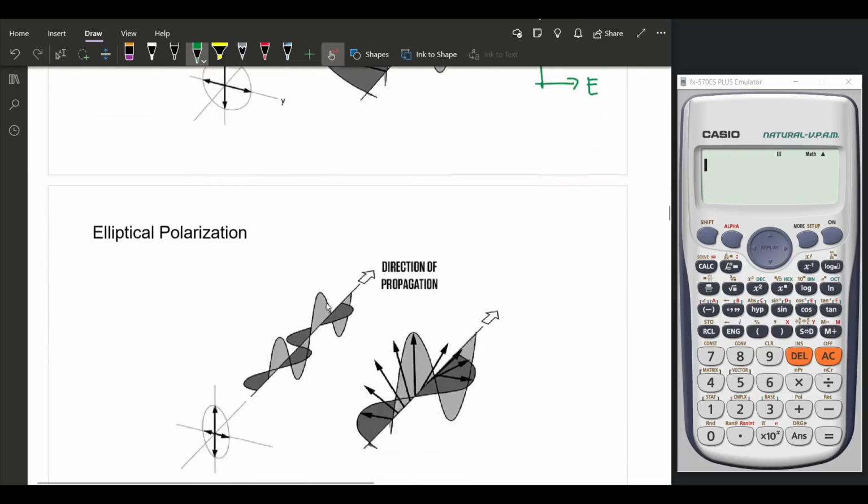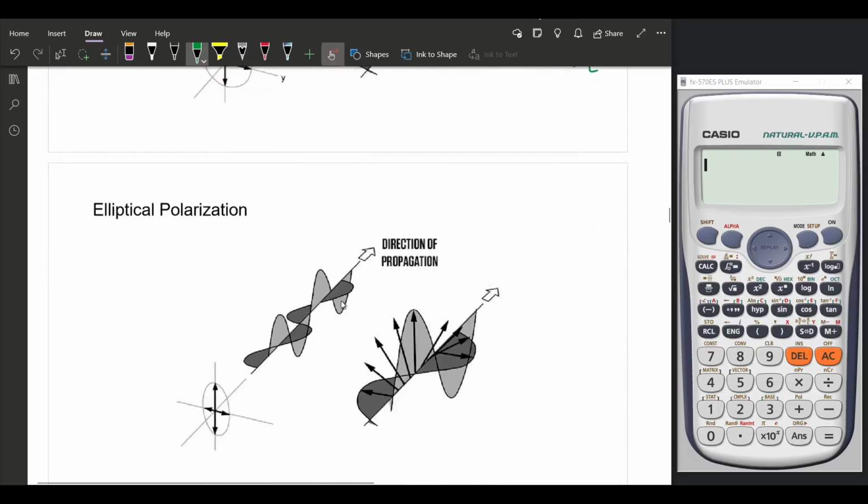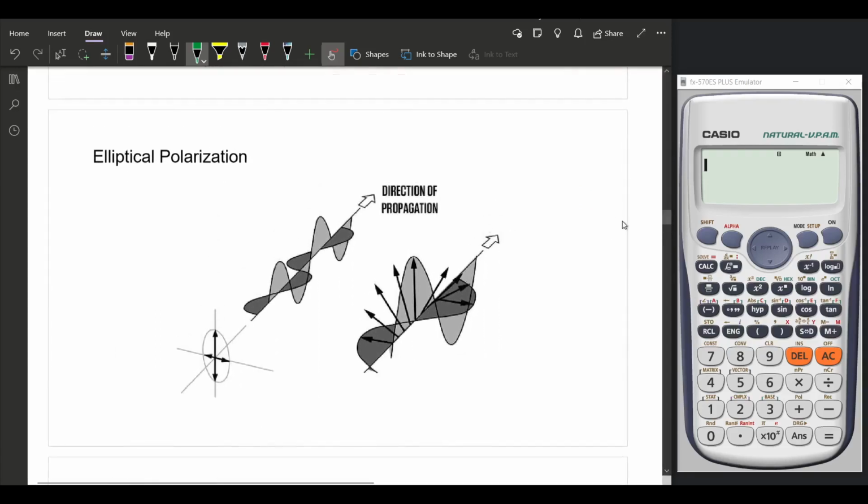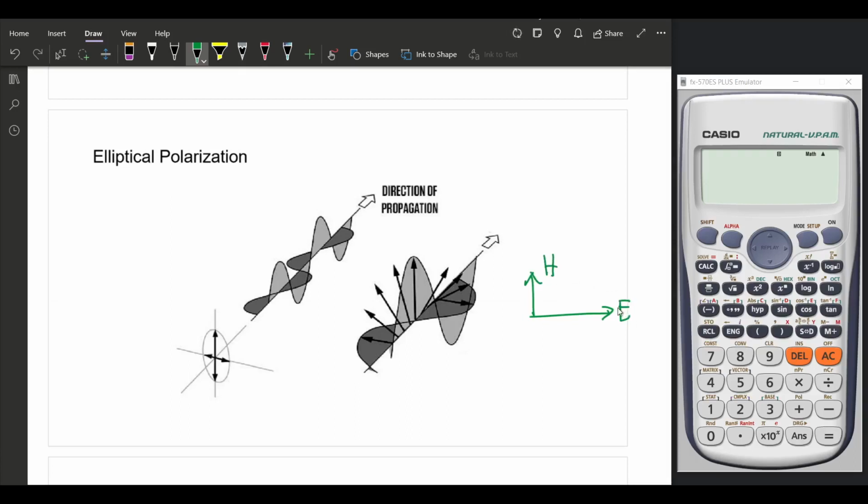Then kapag merong mas malakas din sa dalawa, meaning hindi equal yung strength nila, so kunwari mas malakas yung electric field, so mas mahaba siya, tapos ito yung magnetic field mo. For example, ganyan. Then kapag umikot yan, since hindi pantay yung strength ng dalawang components, then hindi circular yung magiging appearance niya.